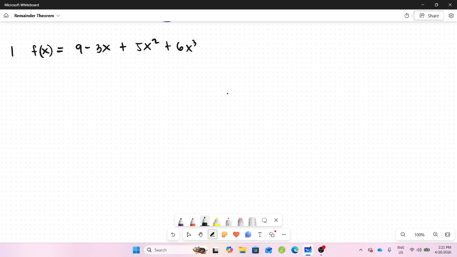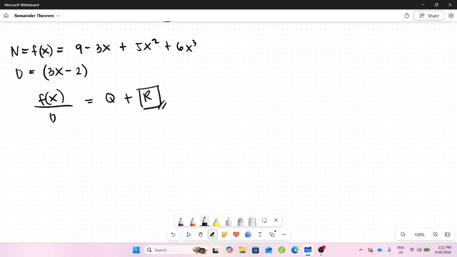Okay, so this becomes our numerator, and our denominator will be 3x minus 2. So we have f of x divided by d. We want to know what is the value of the remainder.